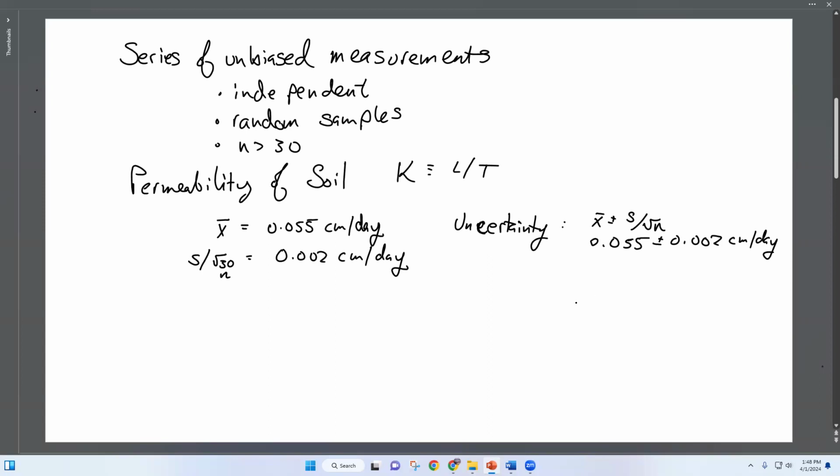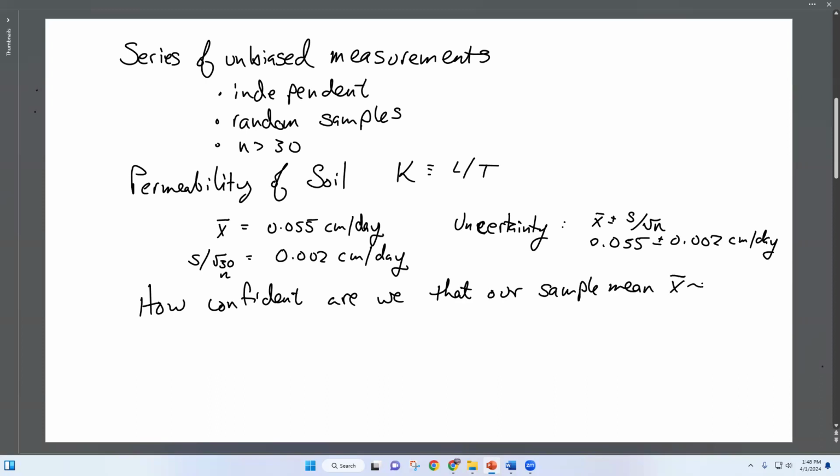But how confident are we that our sample mean, X bar, is close to the true mean, the population mean mu? That real hydraulic conductivity for that particular soil under that particular setup.